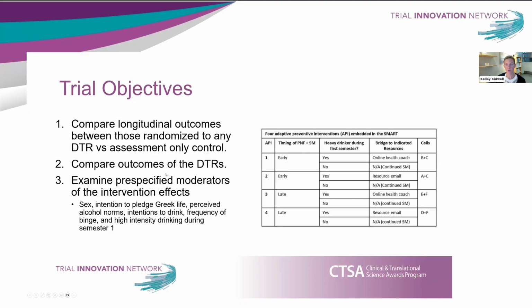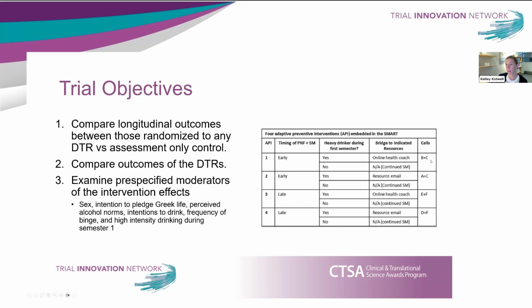Whenever I write a grant or a paper about SMARTs, you always want to show the SMART figure, and then you want to have a table that outlines the adaptive interventions or the dynamic treatment regimens that are embedded in it. And you say, what's the initial treatment, or what's that initial timing that differs? How do you define response? And then what happens for those who respond and what happens for those who don't respond?